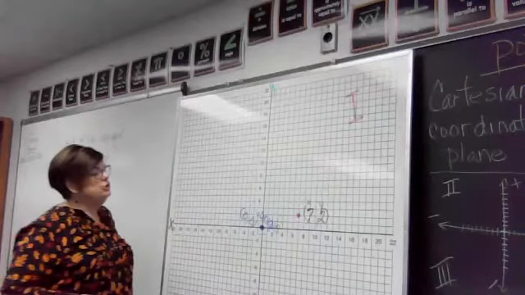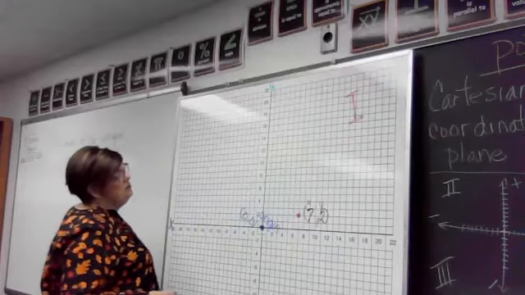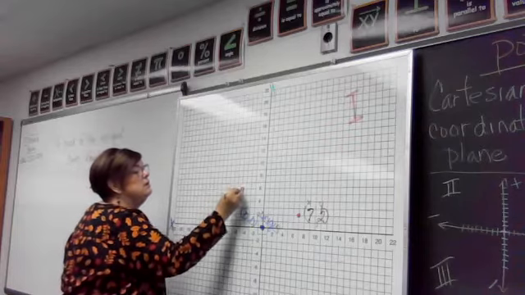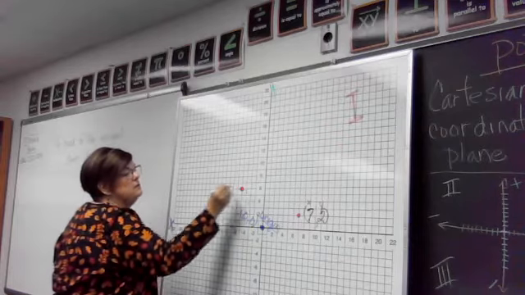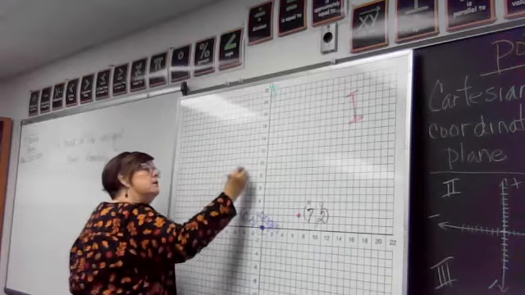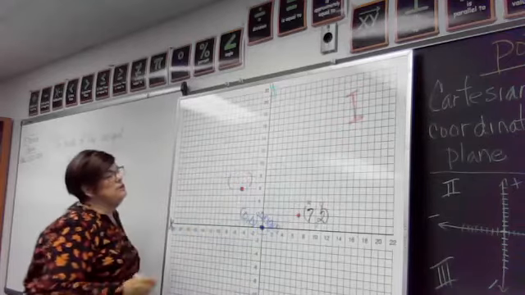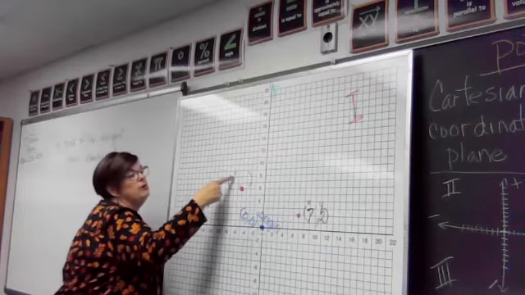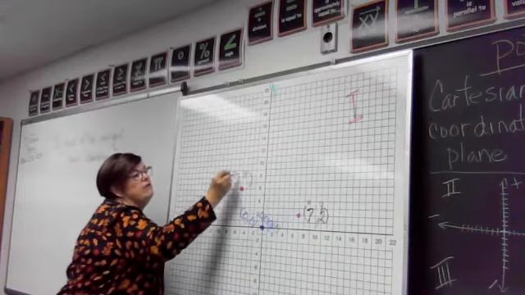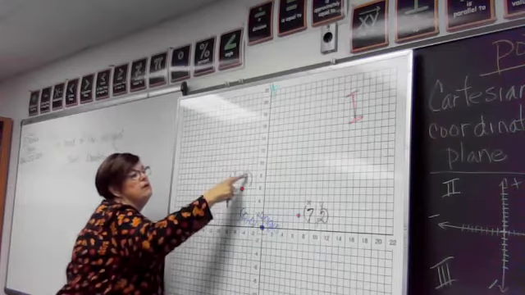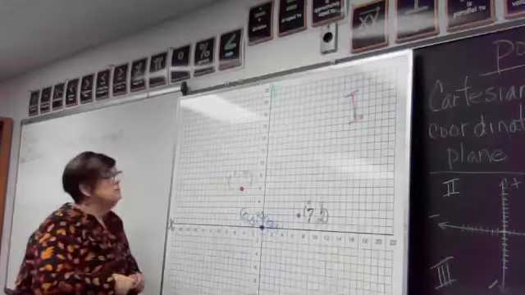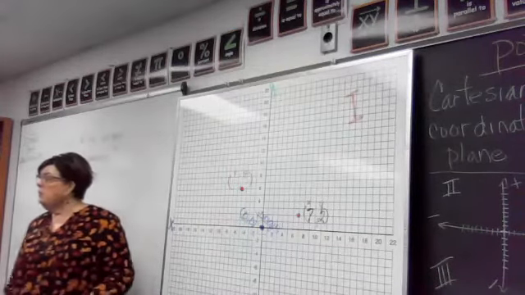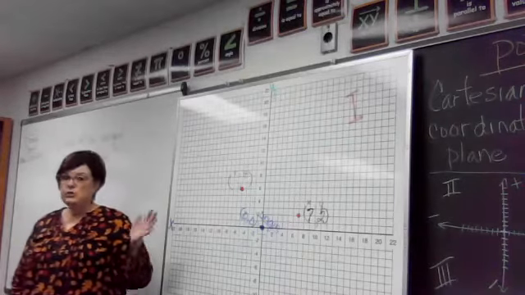All right, let's do another point, but let's go here. Let's find out where this guy lives. So we know that the first value is how far we go on the x-axis, and the second one is how far we go up and down. This is left and right, up and down. So remember, if we're plotting a point and we're trying to find the address, we start at the origin.